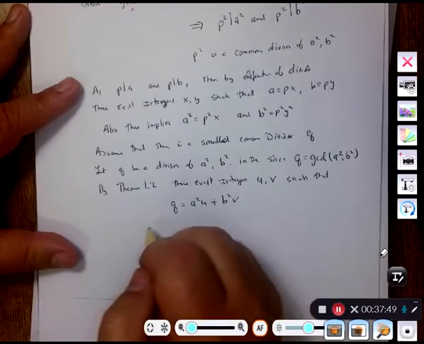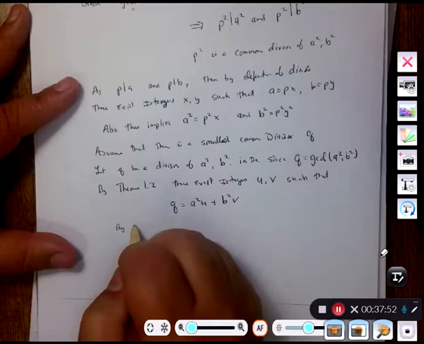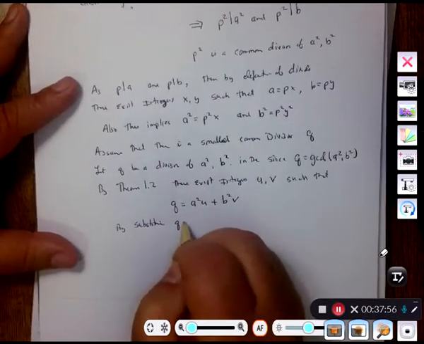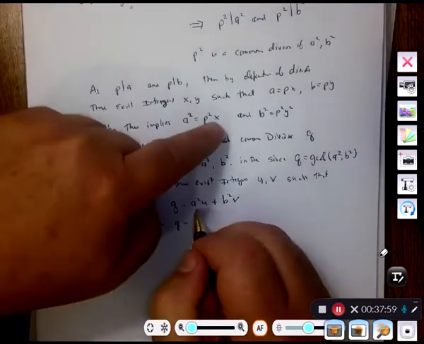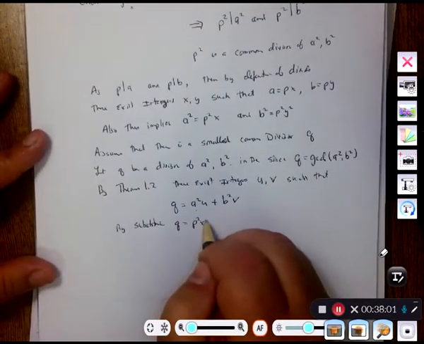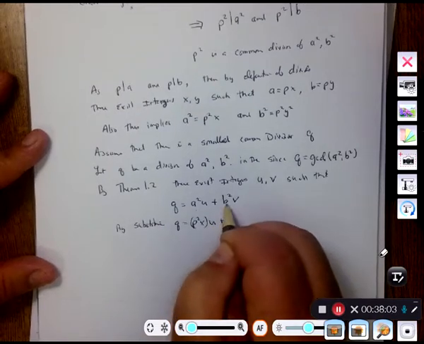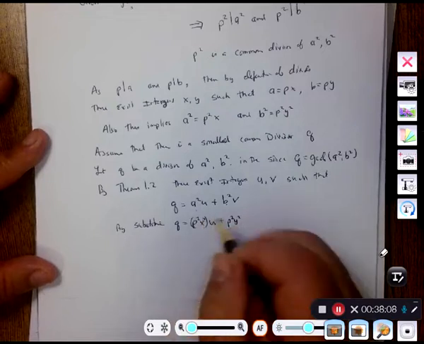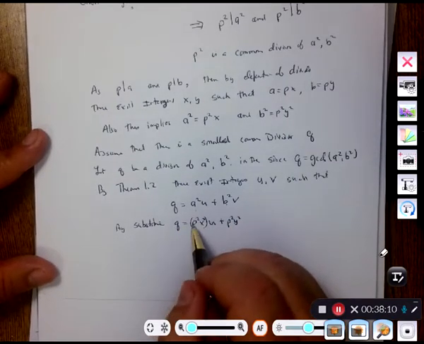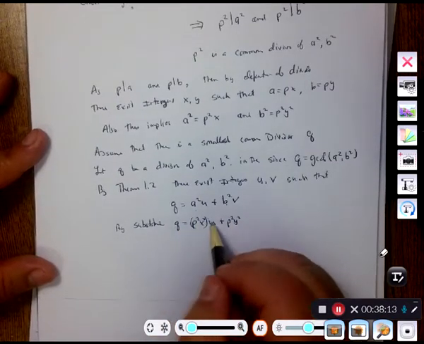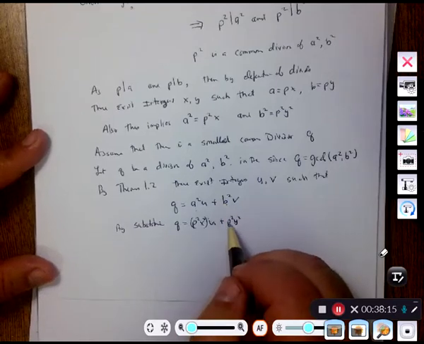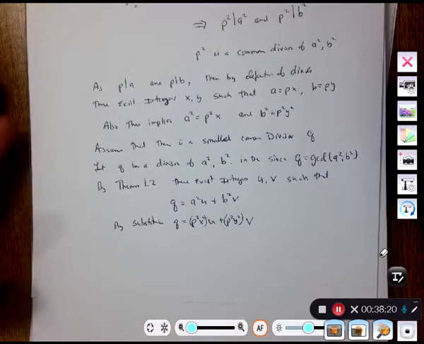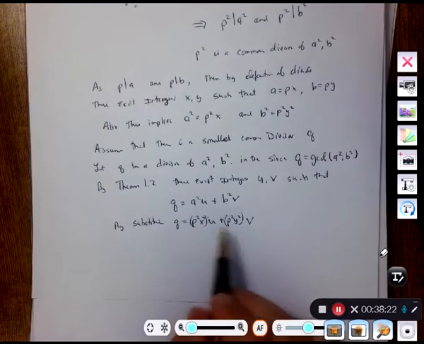But by substitution, Q would be equal to, a squared was equal to p squared x squared, times u, plus b squared was equal to p squared y squared, times v. And you notice the p squareds are in common.